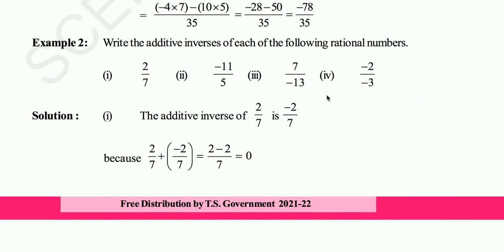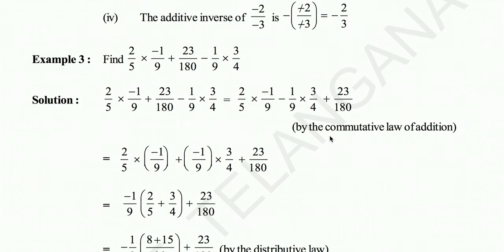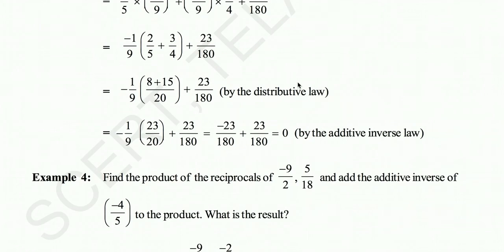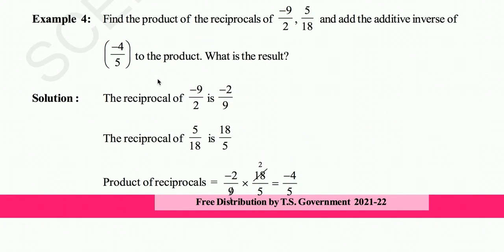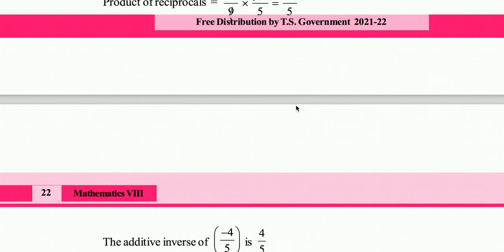So the additive inverse you can easily write as 2/7 minus 2/7 like that. Commutativity law of addition, that they are going to use. Okay, fine. Additive inverse you can write. First multiply and add the inverse.